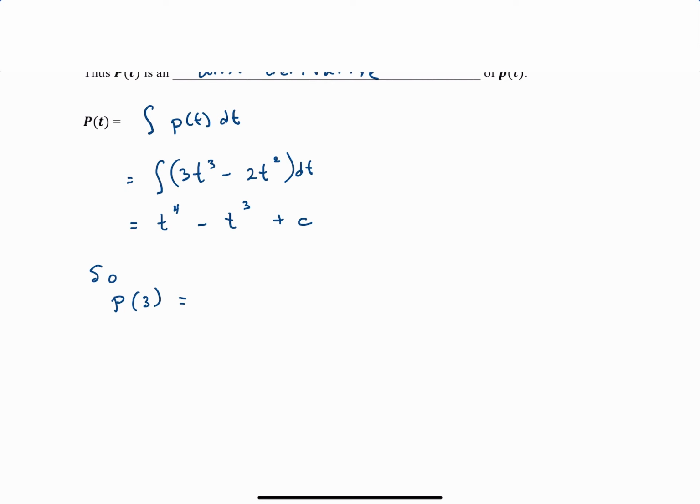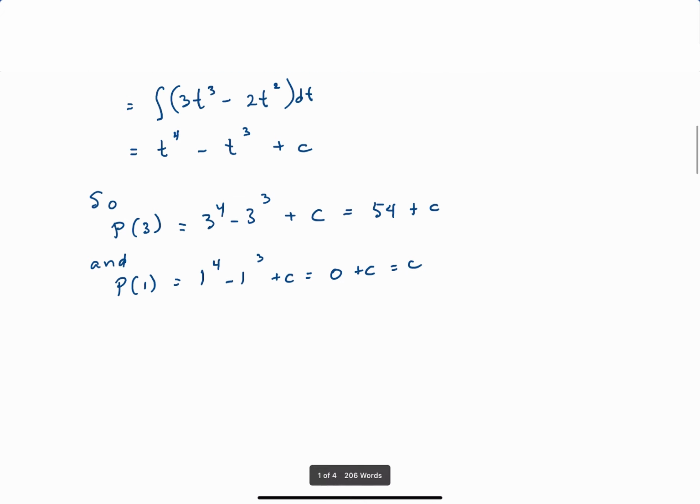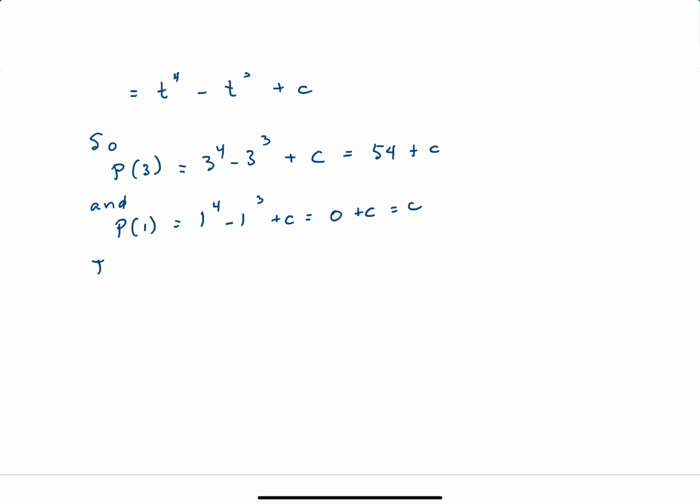So P of 3 would be 3 to the fourth minus 3 cubed plus c, which is 54 plus c. And capital P of 1 would be 1 to the fourth minus 1 cubed plus c, which is 0 plus c, which is just c. So if we subtract those two things to find out the change in profit between the 2 years, or the difference in total profit between the 2 years, we have 54 plus c minus c, which is 54.